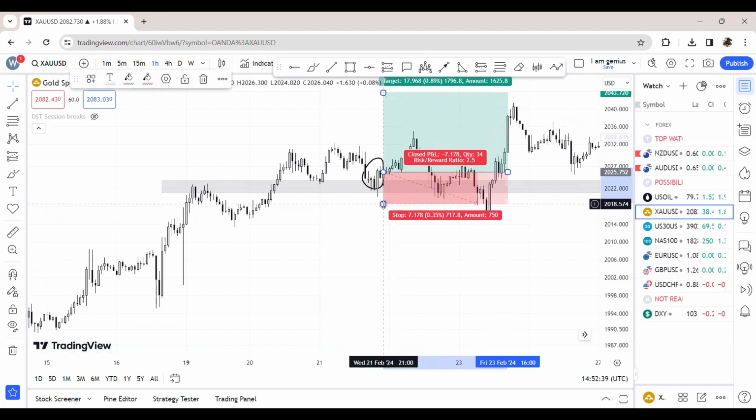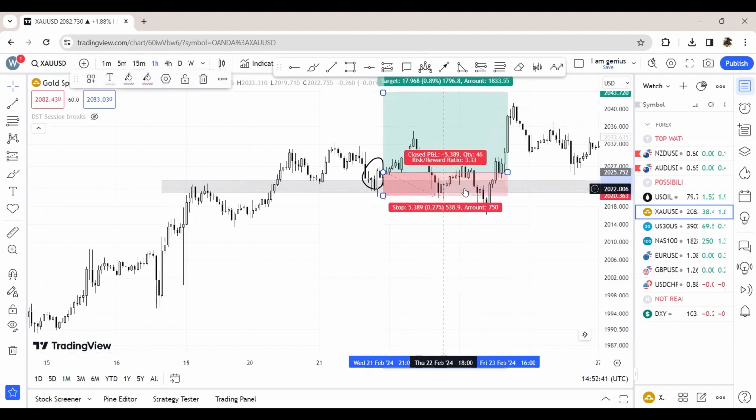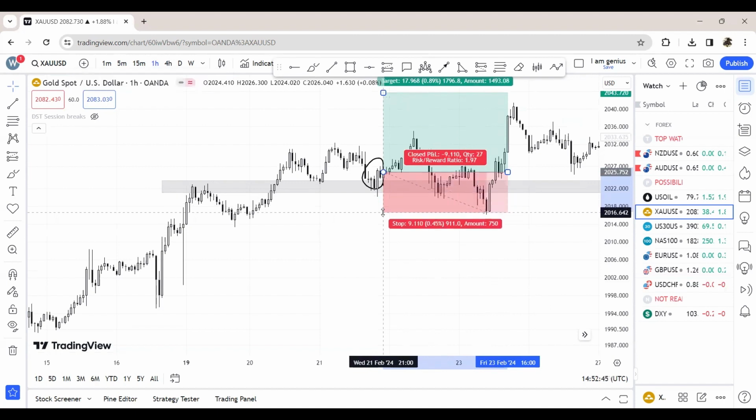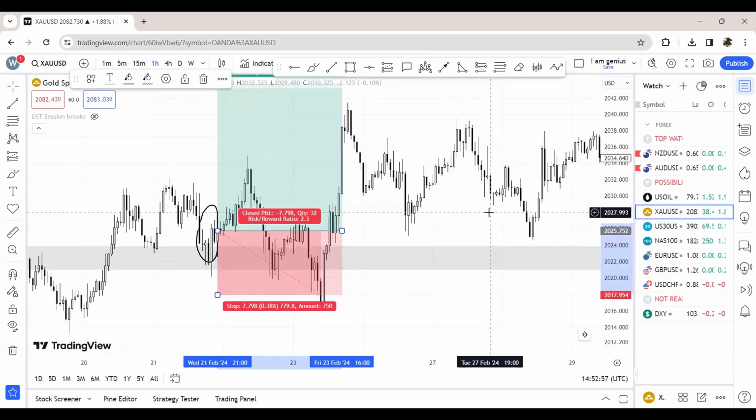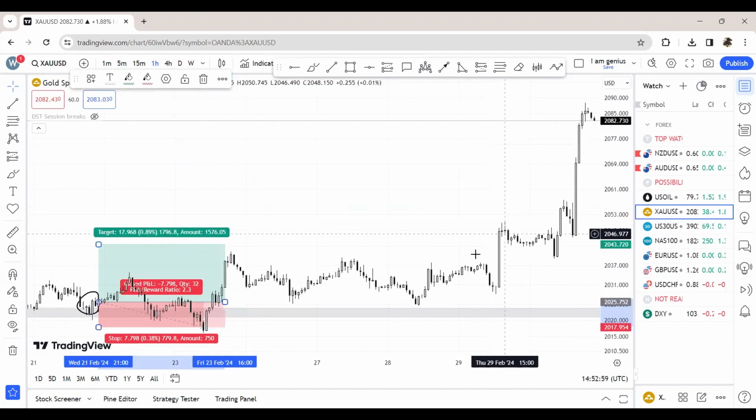If you had put it very tight, at this level you could have been stopped out. If you had tried to extend it to this level, you would have still been taken out here before the market continued in your direction. Then let's see what happens. The market actually continued all the way past that level.